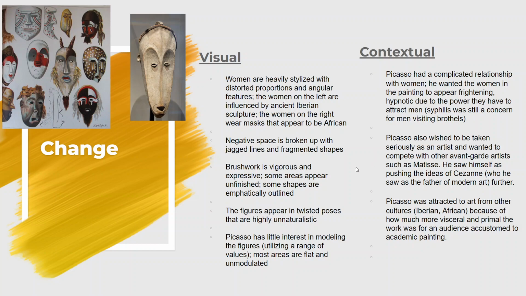But he's also, so artists, there's the artists out there that are like, oh, I'm so different and so special, so I'm the best. Picasso is kind of like that. We get this idea of the avant-garde. So avant-garde, we're going to say avant-garde on 3. 1, 2, 3. Avant-garde. So avant-garde just means kind of like out there. It's out of the box. It's super creative. It's not the norm.